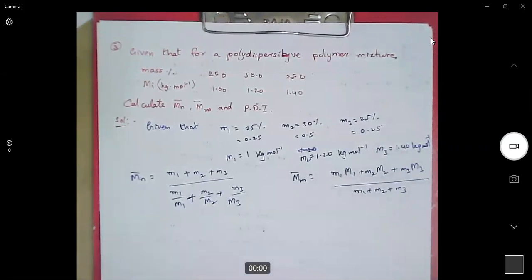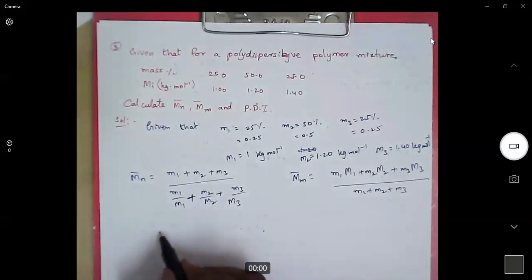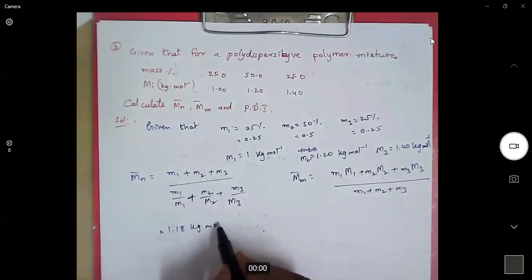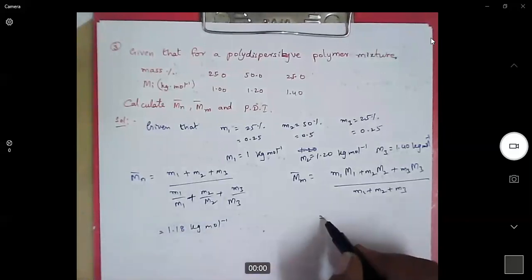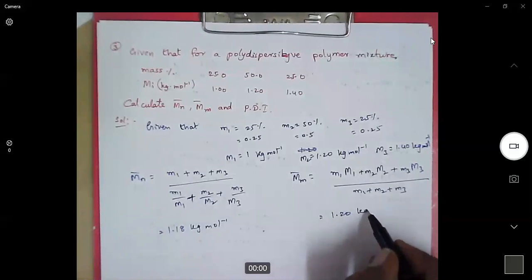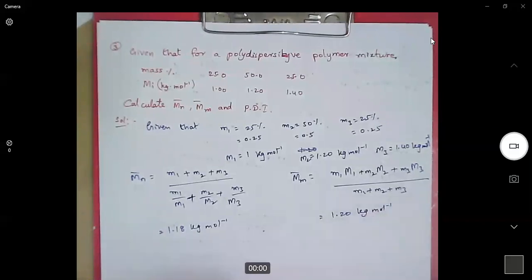I will not solve the problem; I will simply give the solution. You try this and see whether you get it. The number average will be 1.18 kg per mole, and the mass average will be 1.20 kg per mole. Now, what is the polydispersity index?